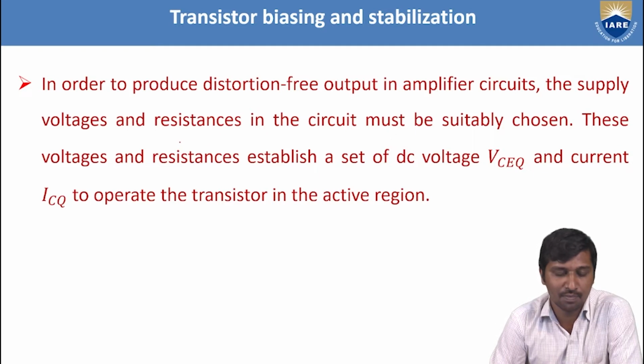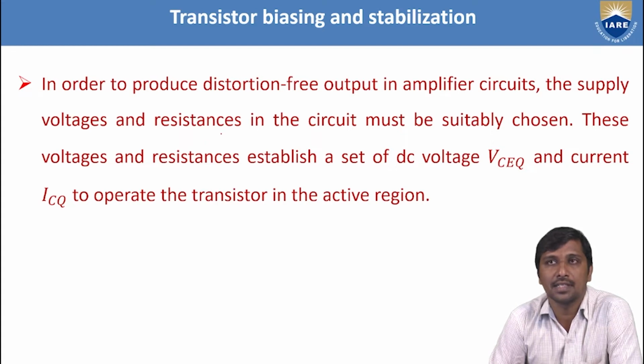We require some supply voltages, meaning how much DC voltage is required on the input side as well as the output side, along with the bias resistances. Based on these biasing voltages and resistances, we need to maintain a proper operating point, or Q point, in the active region.